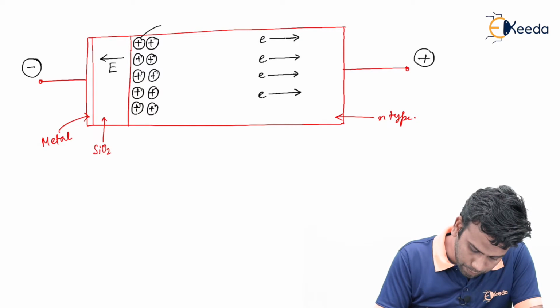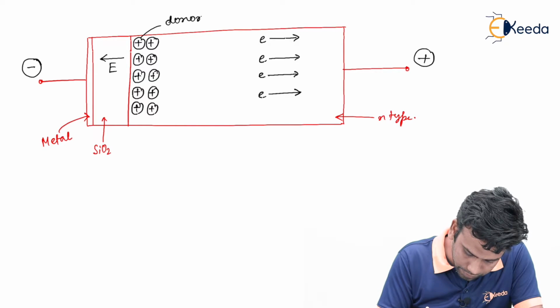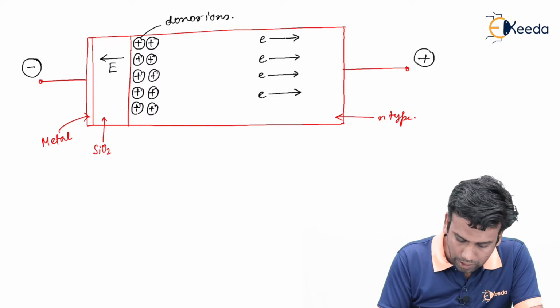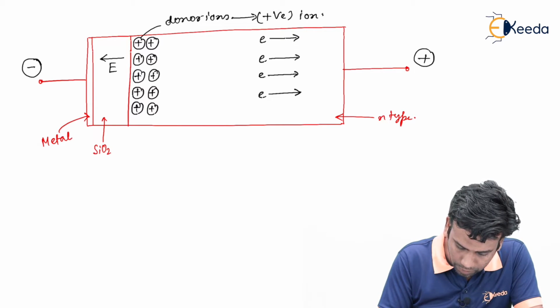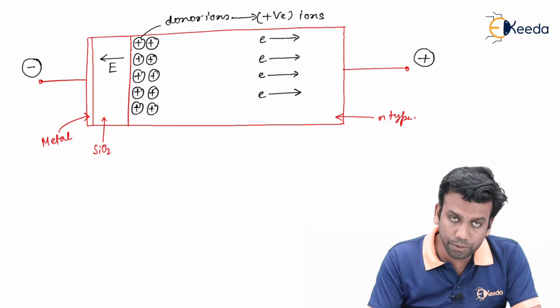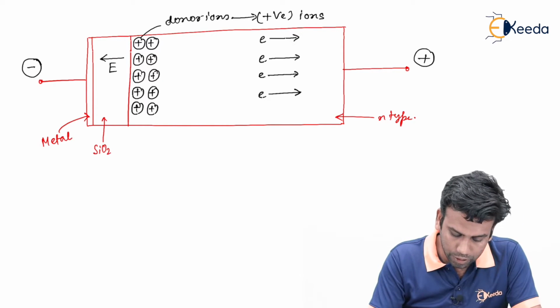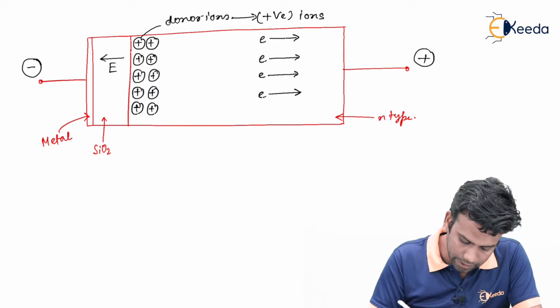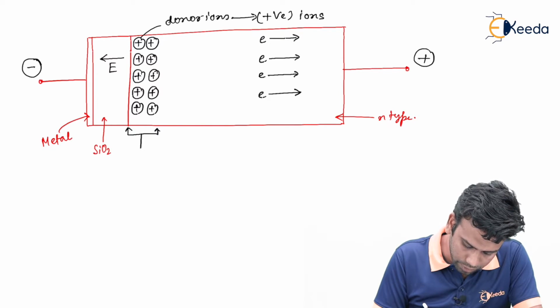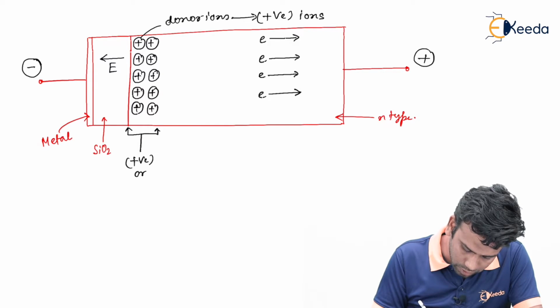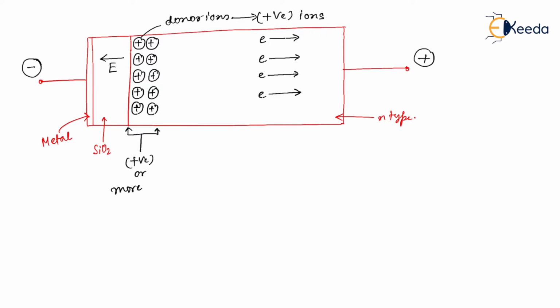So these are the positive donor ions, and we know that the donor ions are positive ions or positive charges. So due to this accumulation of the donor ions, we can say now the interface will be more positive, or more p-type, than the other regions.